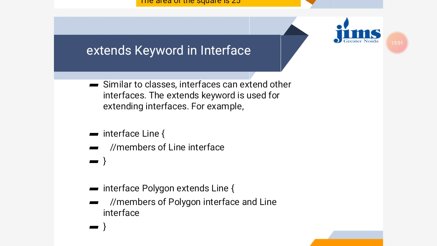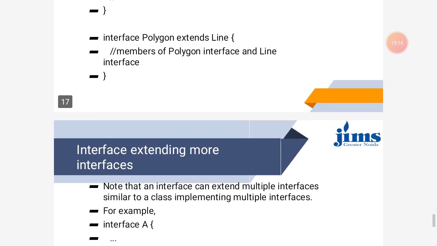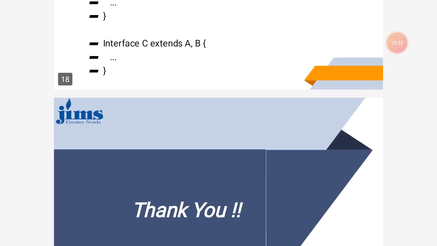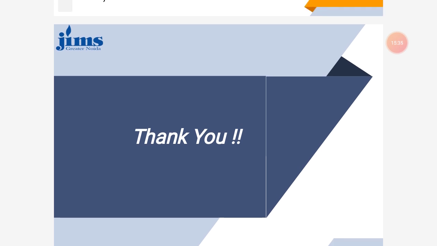An interface cannot use the implements keyword because we are not giving any body to any method. And in this slide we can see there is one interface A, another interface B, and both the interfaces are extended in interface C.